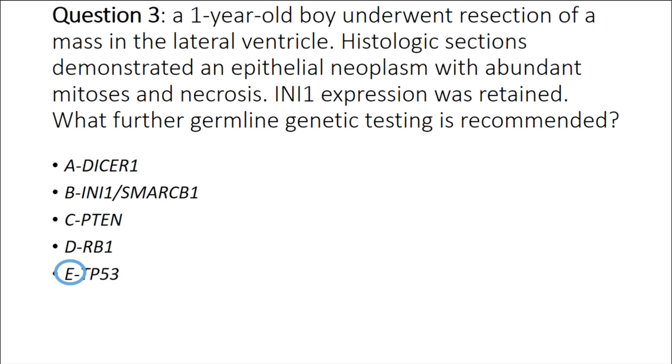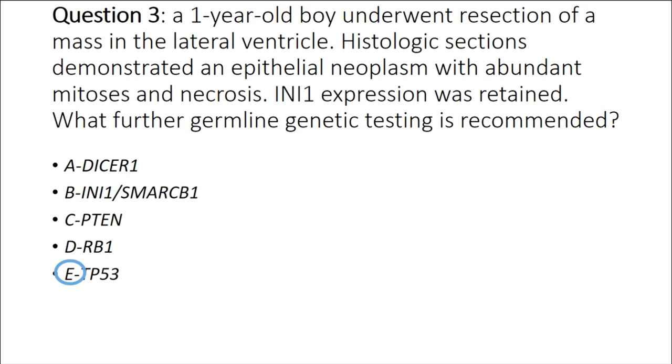But P53 is the gene altered in Li-Fraumeni, and actually choroid plexus carcinomas, although they are uncommon even in this population, up to 40-50% may have a germline mutation in P53 and satisfy criteria for Li-Fraumeni. So a diagnosis of choroid plexus carcinoma should trigger genetic counseling or genetic consultation to exclude the possibility of Li-Fraumeni syndrome.